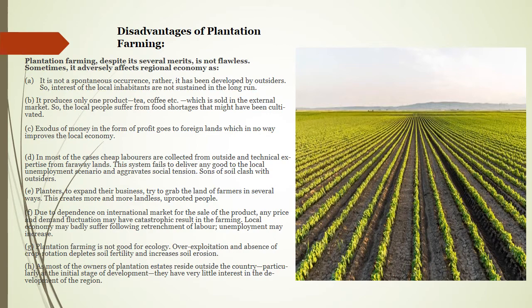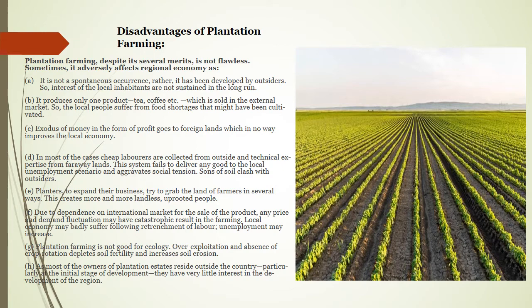It produces only one product, tea, coffee, which is sold in the external market. So local people suffer from food shortage, as food might have been cultivated instead. So it is monoculture. It produces only one crop throughout the whole area, and the main aim is for export purpose.